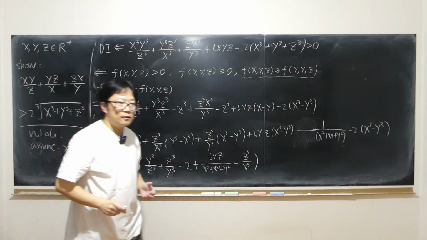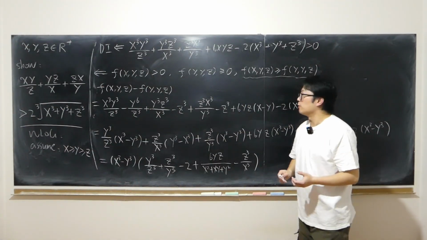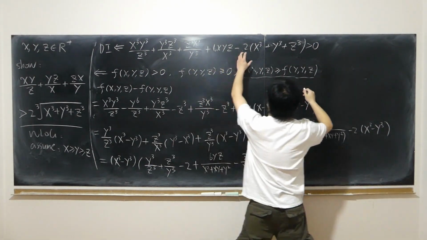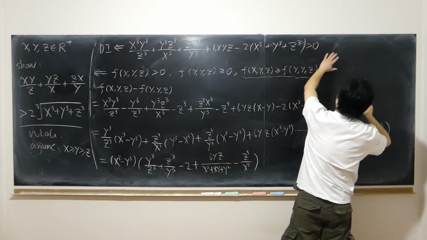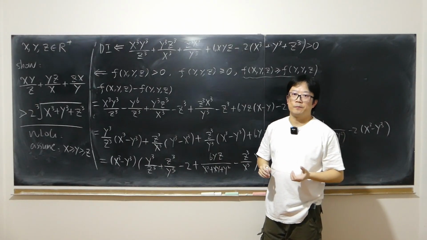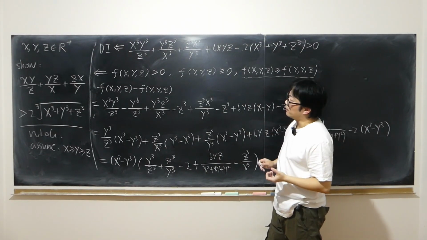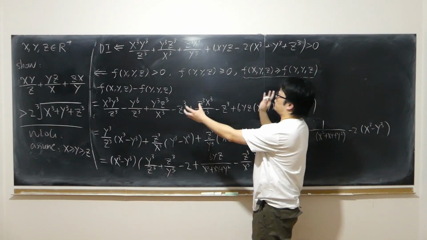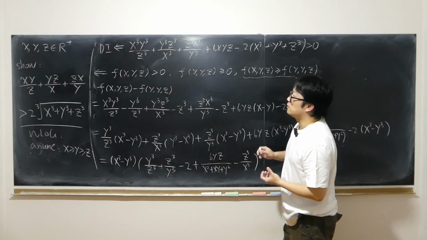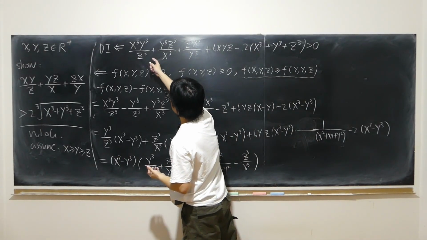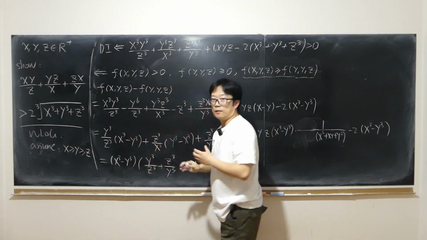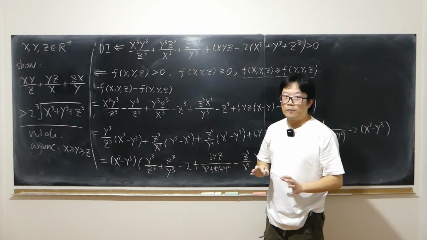The reason is, if you observe closely, this inequality I claim is a symmetric inequality. First of all, it's cyclic when you rotate x, y, z, but it's even better than that. It's symmetric. That means whenever you exchange x, y, y, z, z, x, it doesn't matter. I'm not going to validate that, but it's really easy to verify.